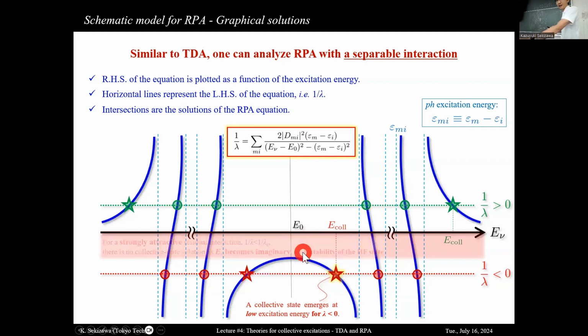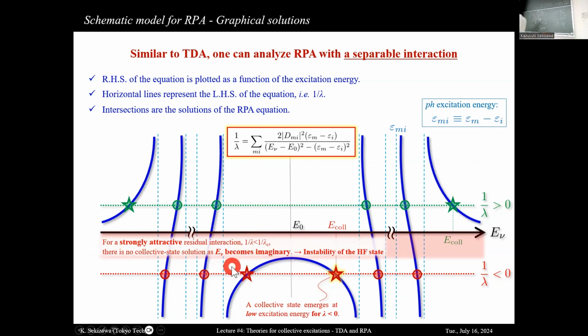This is related to some instability. When you have a strong attractive interaction, there is no collective solution.